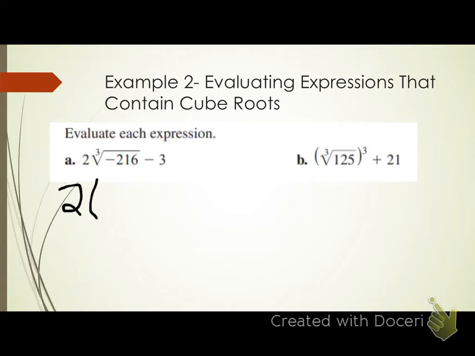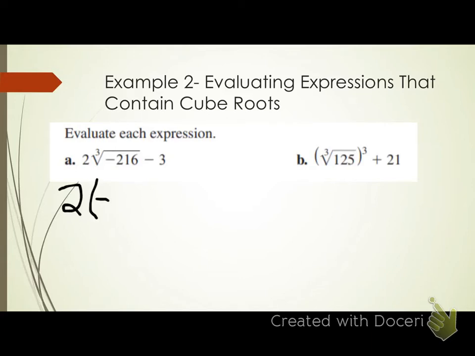So I have 2 times negative something. Anyone typing numbers in on their calculator to try to figure it out? What's 4 times 4? 16, and then 16 times 4 would give me 64.